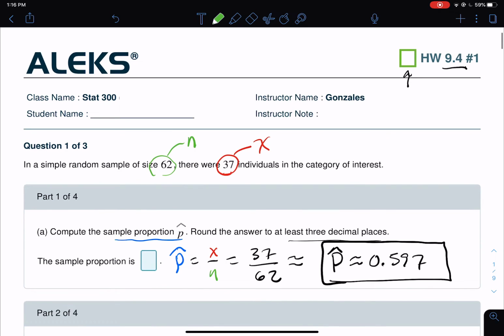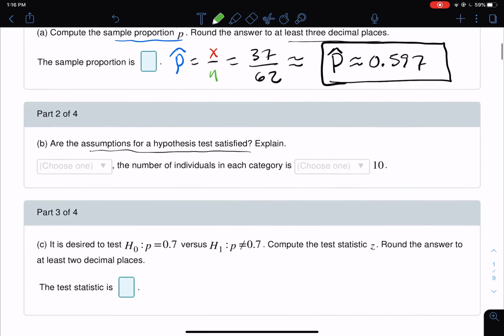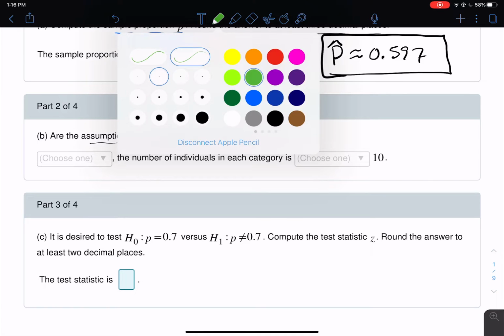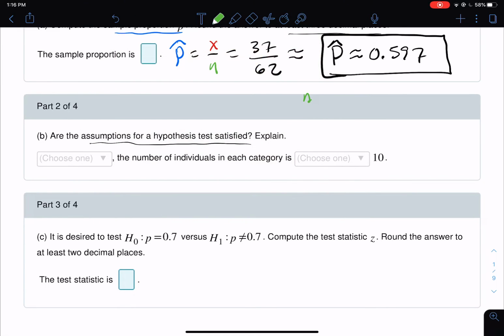And it says, here we are right here: are the assumptions satisfied? Well, let's see. The first one we're going to look at is n. Now we know n, our sample size, was 62.